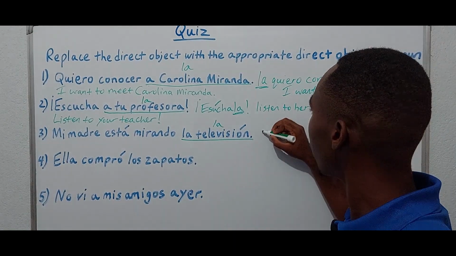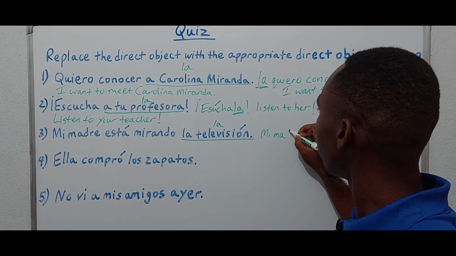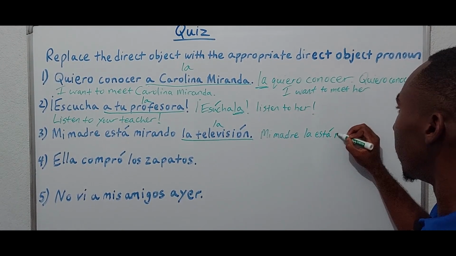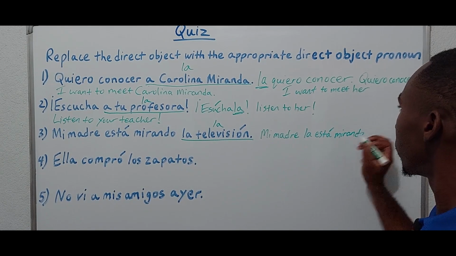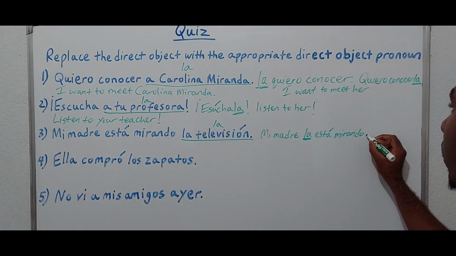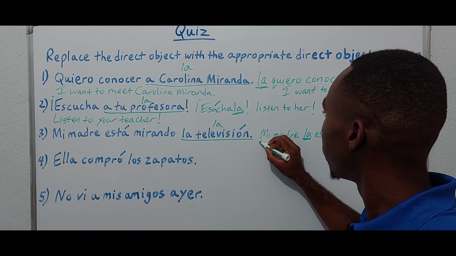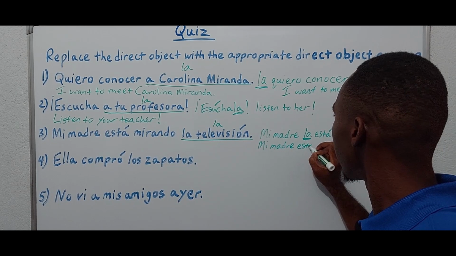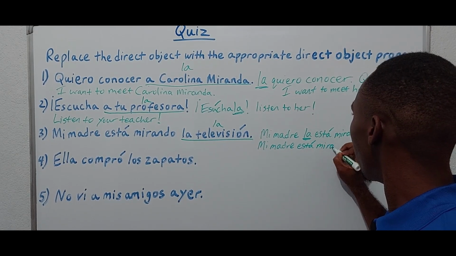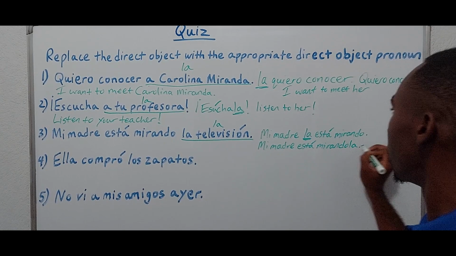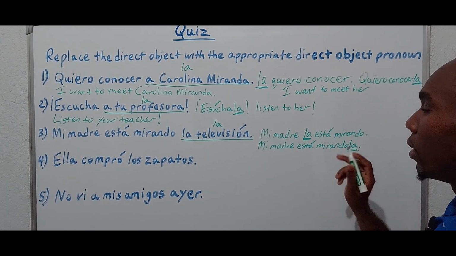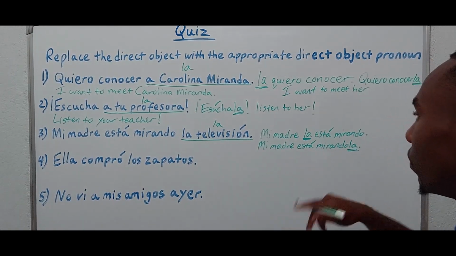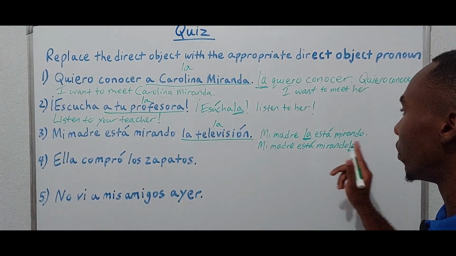So let's go. So it will be mi madre la está mirando. That is one possibility. Right? Or you could say, mi madre está mirándola. And remember, when you attach the direct object pronoun to the gerund, you're going to have to put an accent on the third vowel from the end.